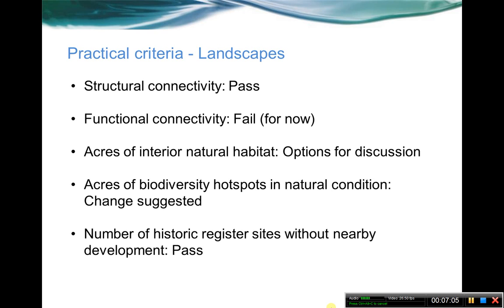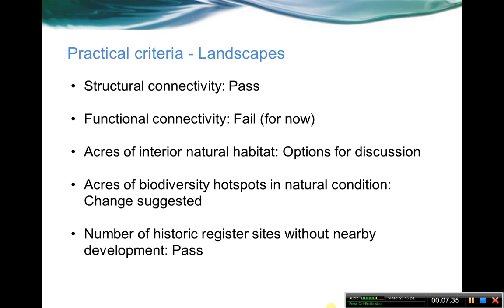Acres of interior natural habitat, we put up a couple options for discussion in the particular document. One, modeling it as described, and another one, a potential other option for getting at something similar, but may work a little better. So we put up a couple options for the team to discuss. Acres of biodiversity hotspots in natural conditions.